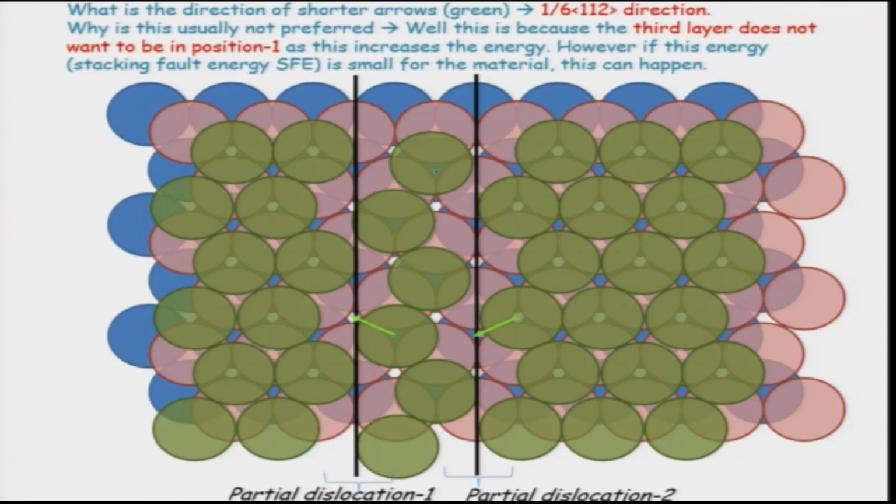You can see clearly here, this is the green atom and just below it is the blue atom. Similarly, all these atoms that you see over here are lying on position 2, which is not the preferred stacking sequence. So, now it has become AB in this A. There is no C position for this particular layer.